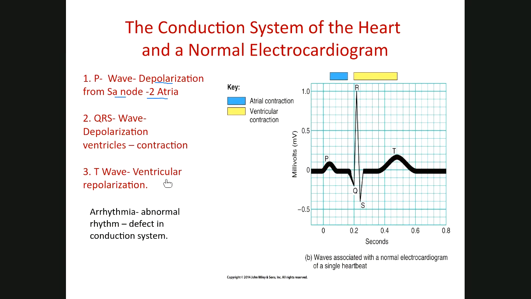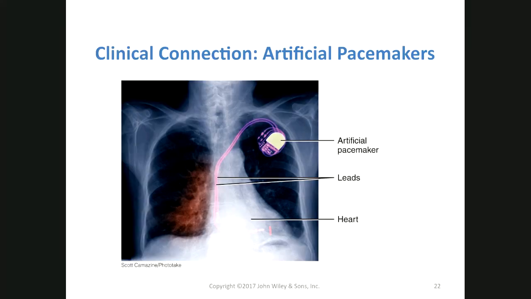So any irregularity in this EKG can indicate an abnormal rhythm or a defect in this conduction system, and further testing is needed. Often, if the sinoatrial node, the natural pacemaker of the heart, is affected, not functioning, or damaged, we can put an artificial pacemaker in, and that's what it looks like on, I would imagine, a cadaver.